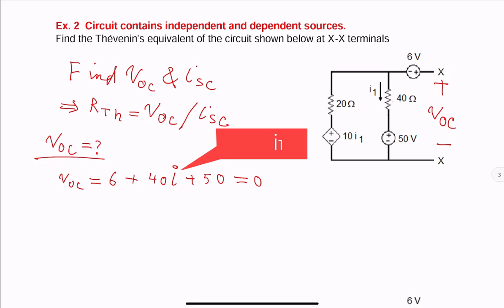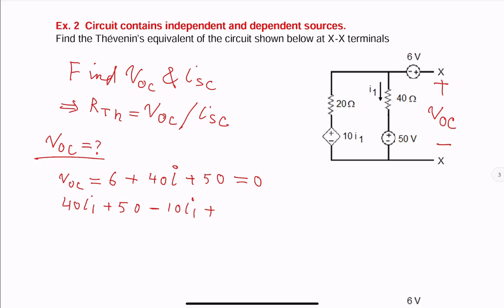To find I1, let us write Kirchhoff's voltage law in this loop. So we have 40 I1 plus 50. Next, we see the dependent source, its negative side, so minus voltage is 10 I1.